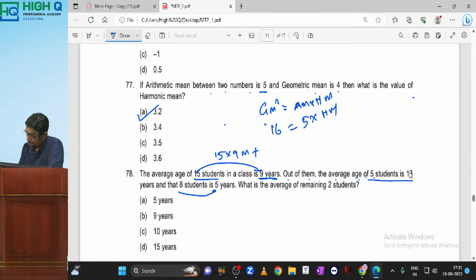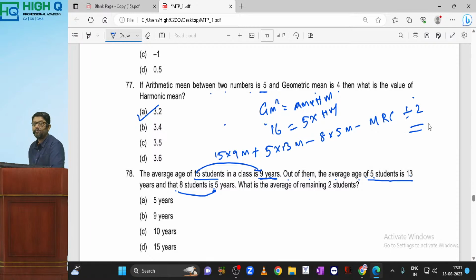Then 5 into 13 M minus. 8 into 5 M minus. MRC divided by 2. That's it.